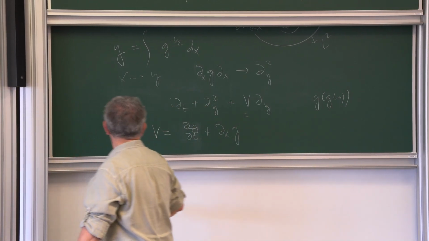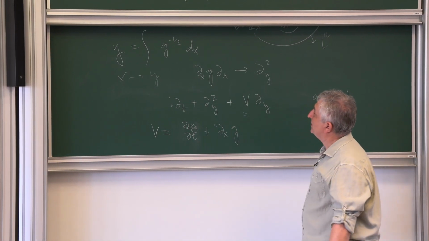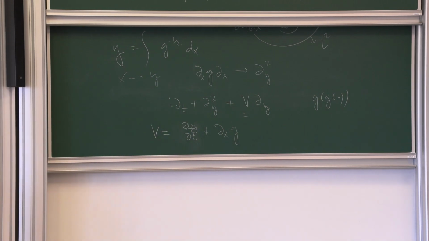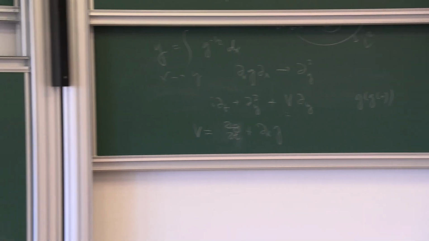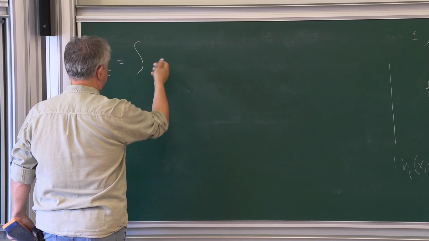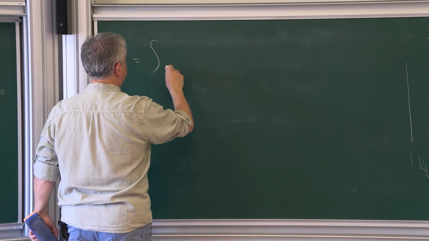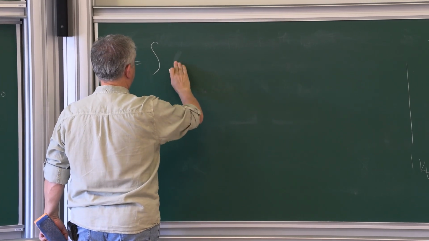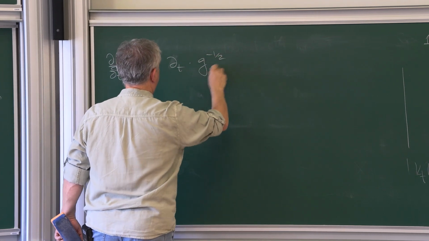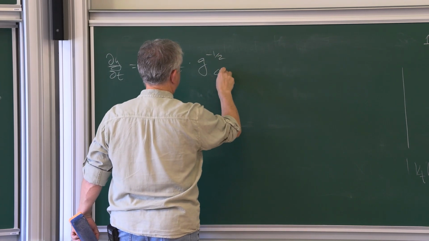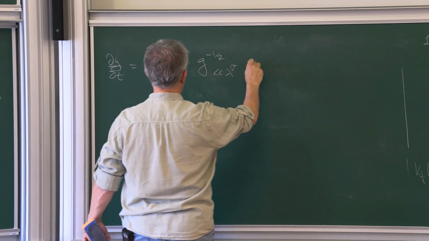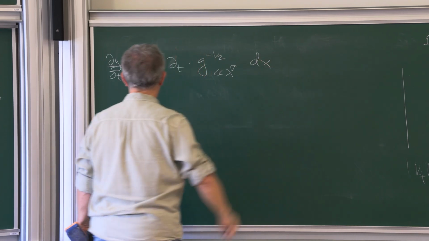And we want to do this guy. This y will depend on the metric g, but there's an intermediate integration involved in this. So if you look at dy dt, this is an antiderivative of dt of g to the power minus 1/2, and this is less than lambda to the power sigma, dx.